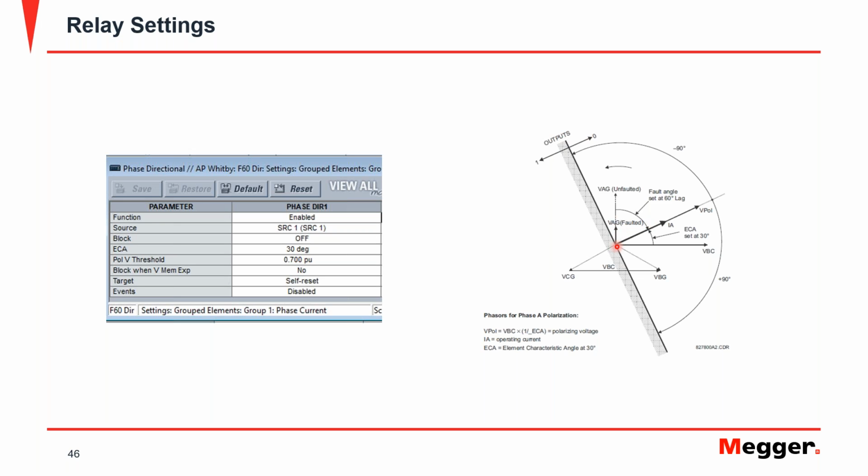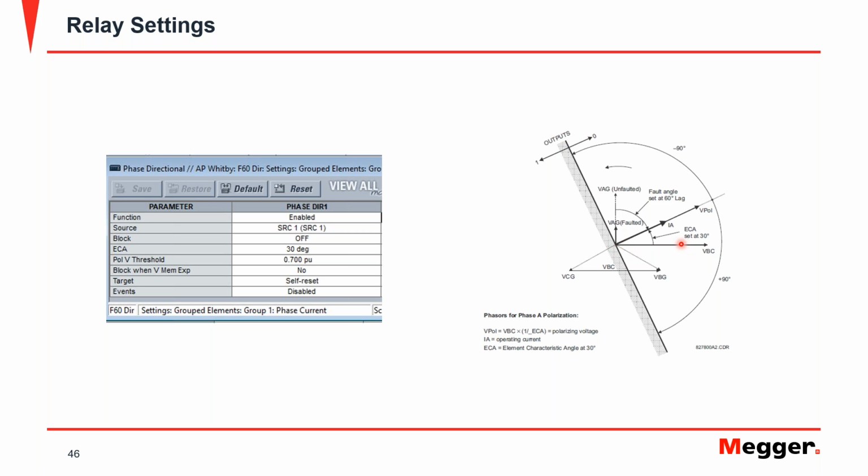Then they put this VBC, which is their polarizing voltage, at 90 degrees from VAG. Well, that's not where they put it. That's where the actual vector lies when you simply transport it here, parallel to where it was before, and locate it in the center of coordinates.